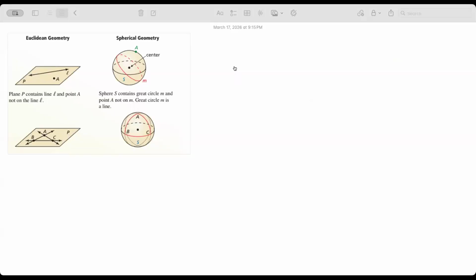Do you think that will hold good? What do you think? Line is equivalent to a great circle, right? What will happen in a sphere? Will you have parallel lines, or what do you have?